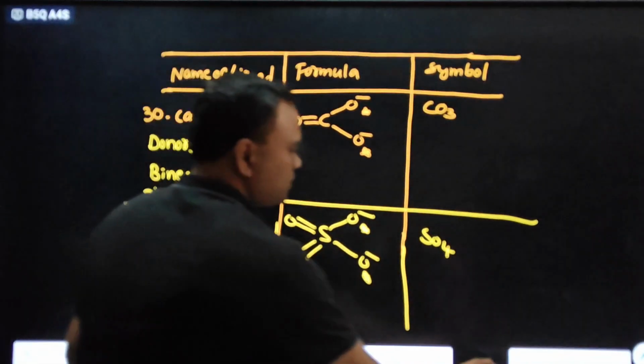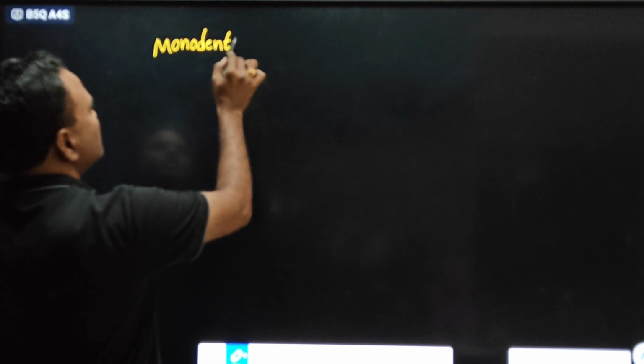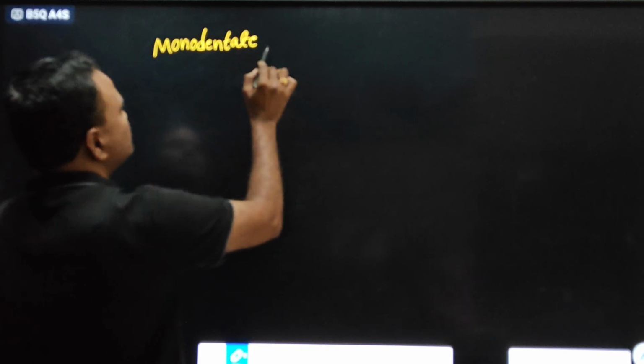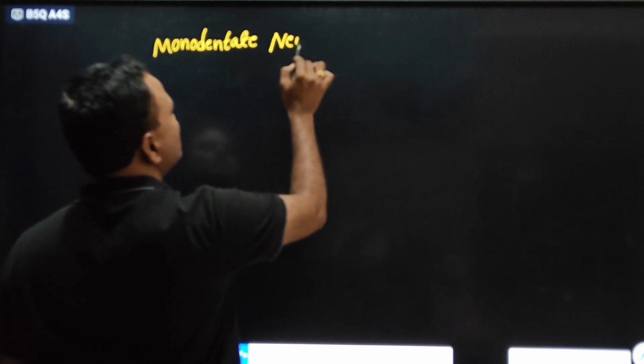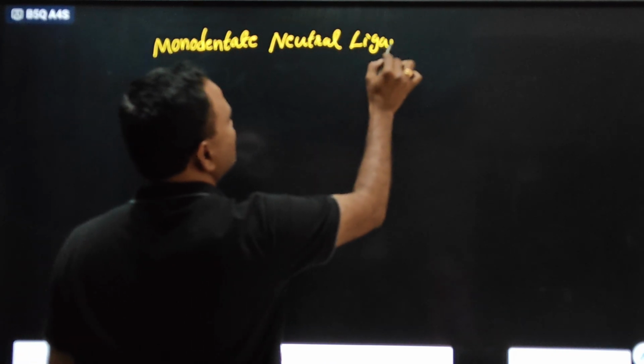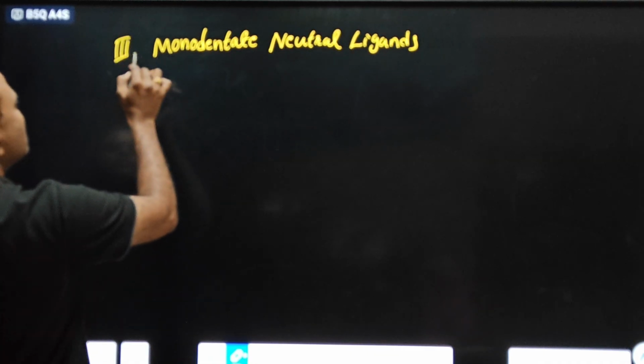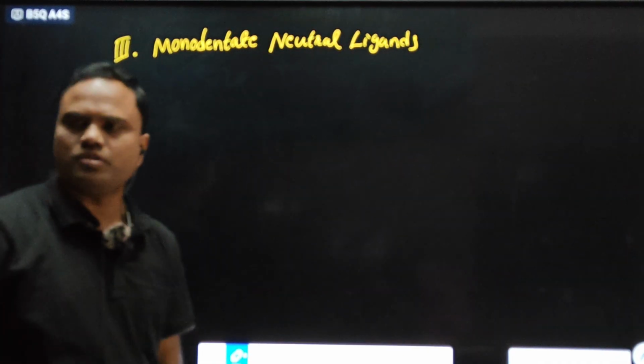Row number 3. Monodentate neutral ligands. Roman number 3, monodentate neutral.